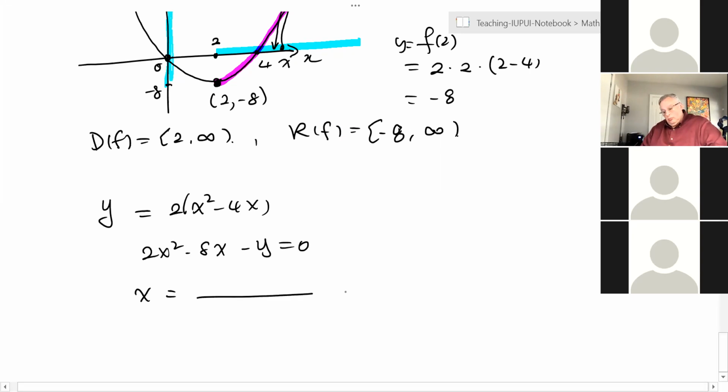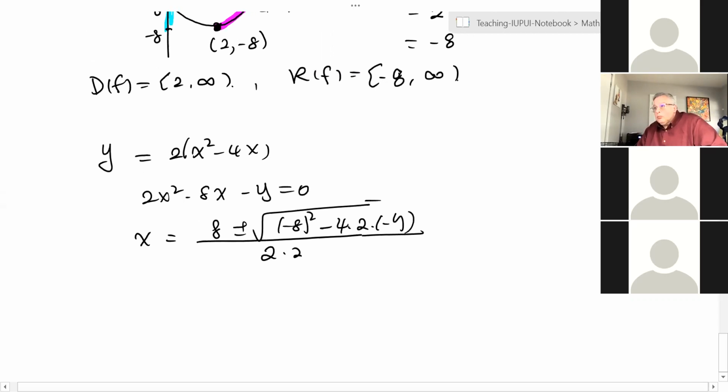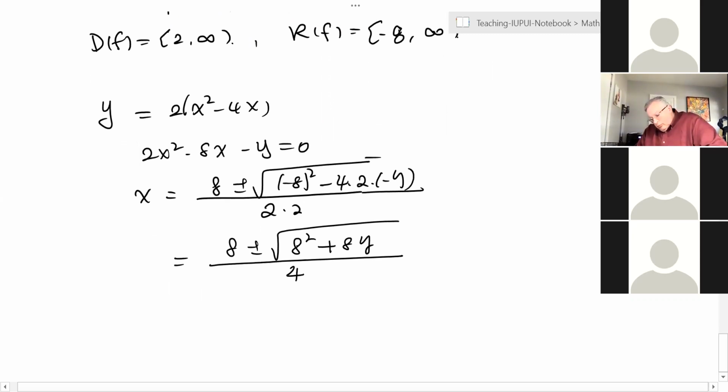All right, so use the quadratic formula. It's 2 times 2 here, right? Negative b plus minus the square root of b squared minus 4ac. So that's from the quadratic formula. So I get 4 here, 4 plus minus the square root of 16 plus 8y. Okay, I probably take a 4 out, take some number out, right?